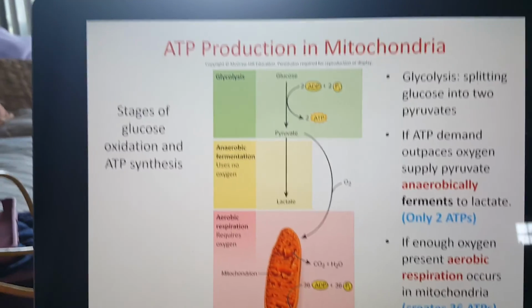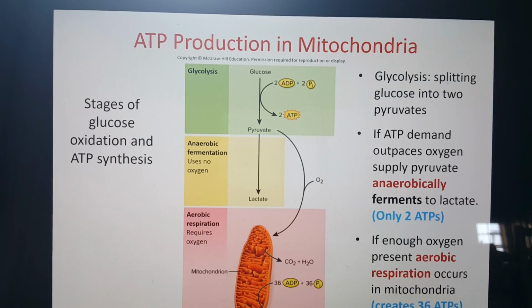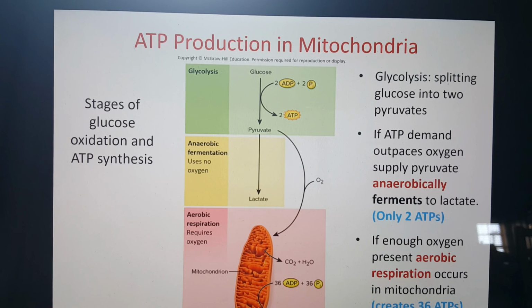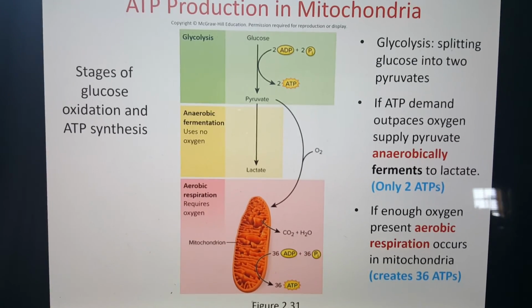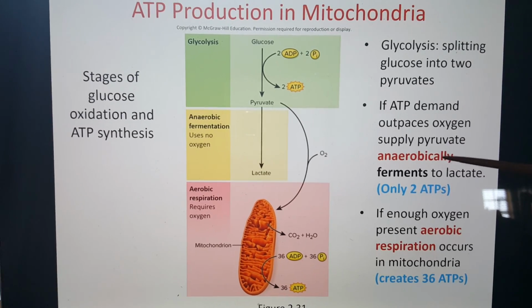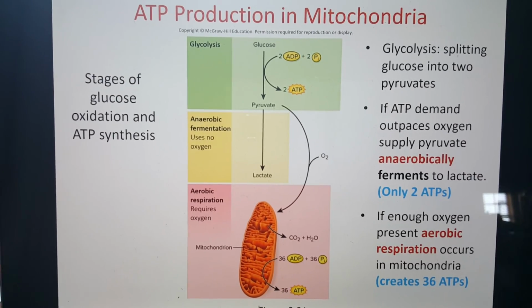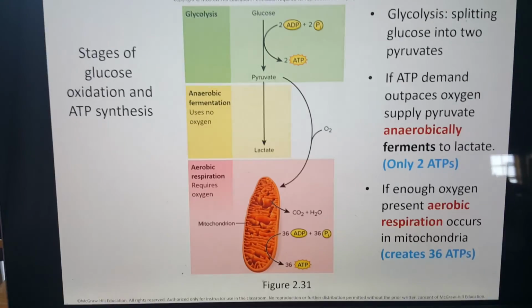So with our ATP, we'll go into more detail for this in A&P 2, but you have your specialized organelle, or little factory, in your cell called the mitochondria. Its job is to make ATP. Your body can make it without the mitochondria, and if it does so, it's called anaerobic fermentation, but it only makes 2 ATP molecules per glucose.